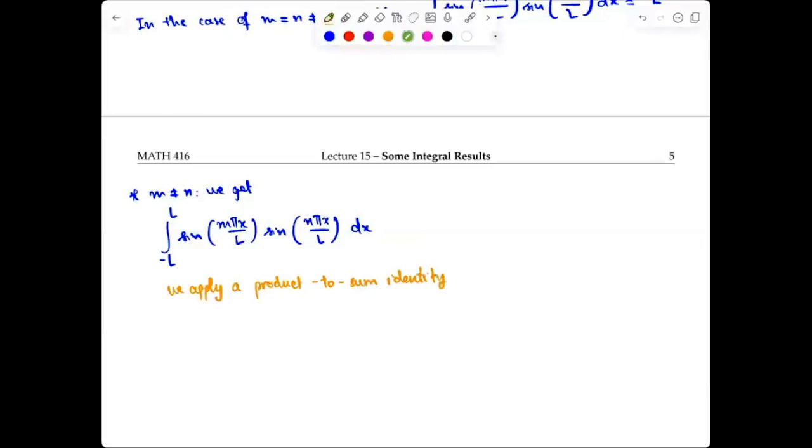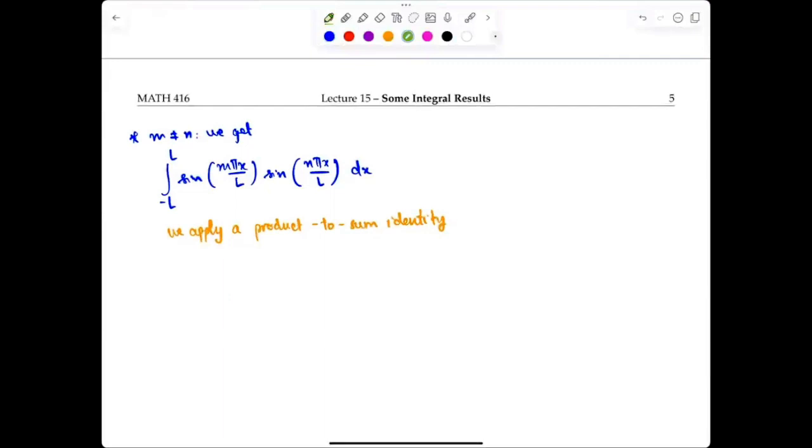So here is the list of the product to sum identities.